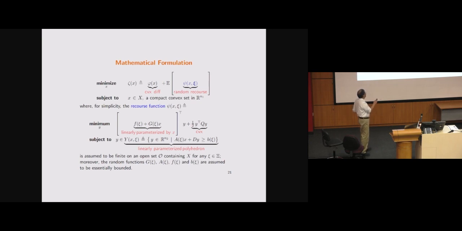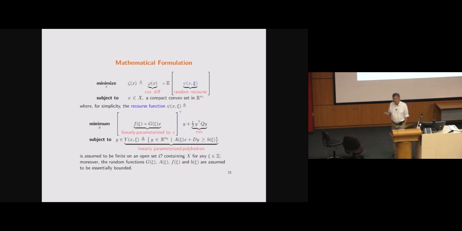So you can make this, I just want to make this simple, so this is deterministic, and then the challenge is how to handle this. Now, what you see here is that I assume it is convex, and not strictly convex, not strongly convex.